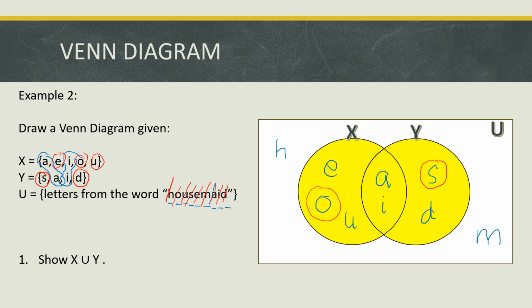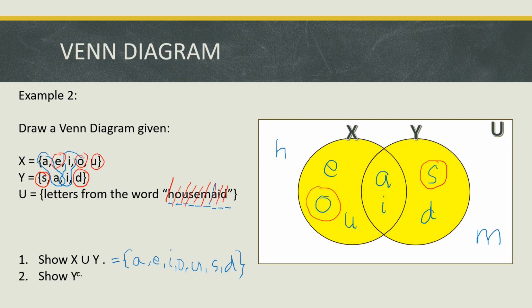So this is now our X union Y. If we were to ask what are the elements of X union Y, these are the elements in the shaded part: A, E, I, O, U, S, and D. You can write it alphabetically arranged or even if it is not alphabetically arranged.